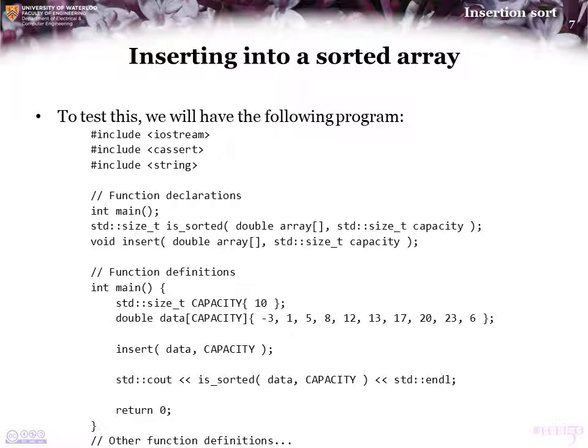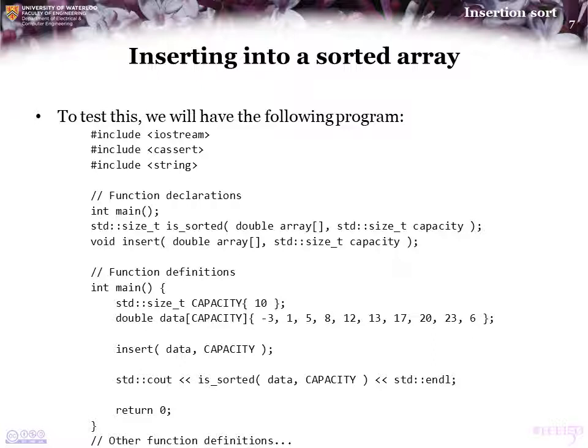All right, here is a program that we can author to test this function. Here we have a main function, we have the isSorted function, and we have our insert function.